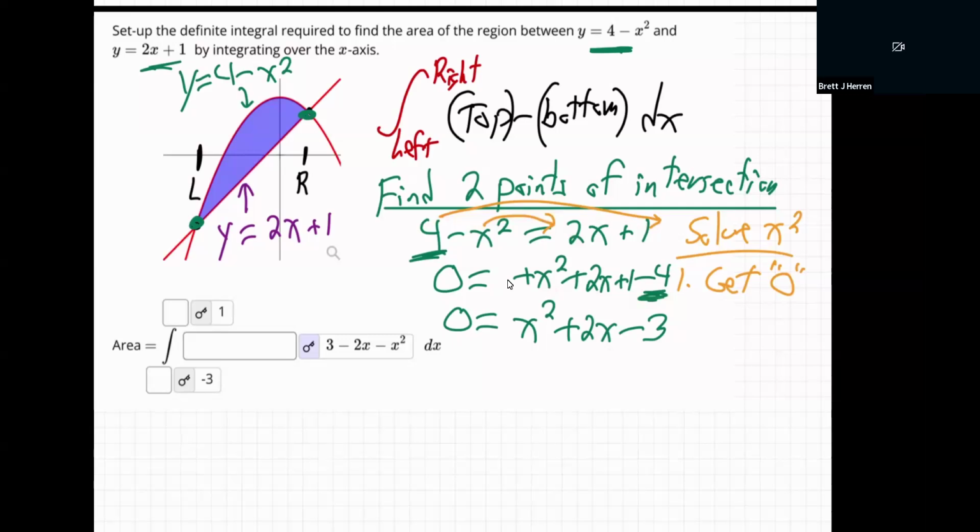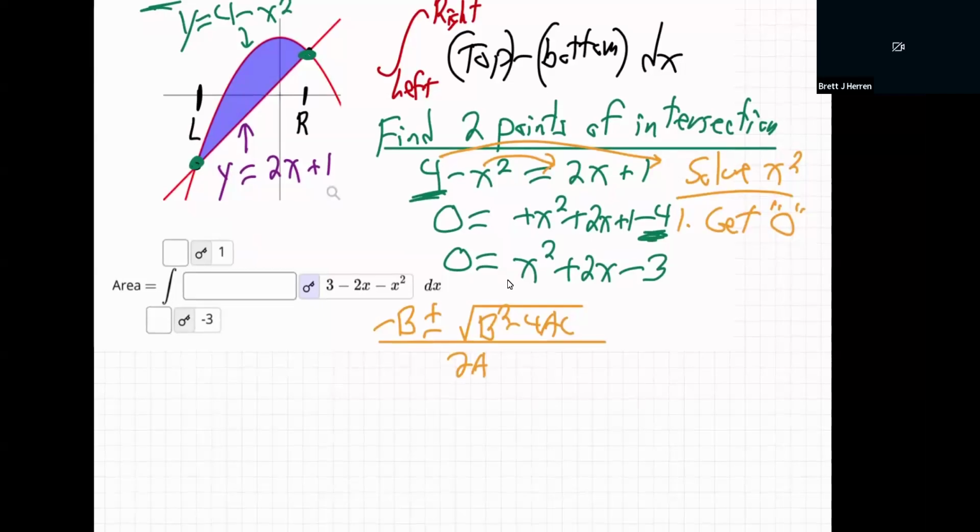All right, so now step 2 is the quadratic formula. Remember, it's negative b plus or minus the square root of b squared minus 4ac, all over 2a.